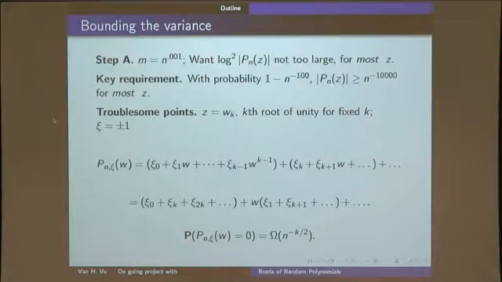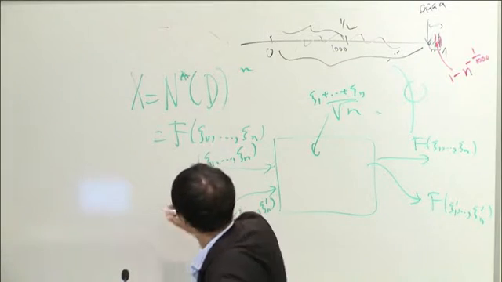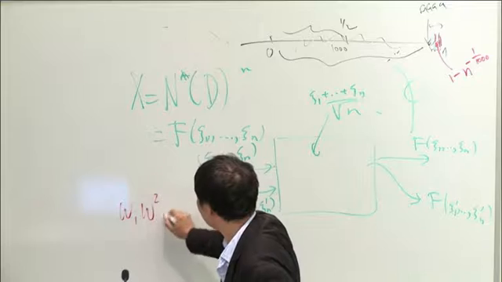If you look at some special value of z, then the value of the polynomial evaluated at z can be really 0. For instance, if you look at z to be, say, the cubic root of unity, right? And now you look at this guy: w, w squared, w cubed.